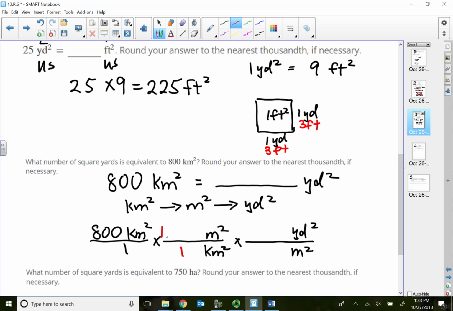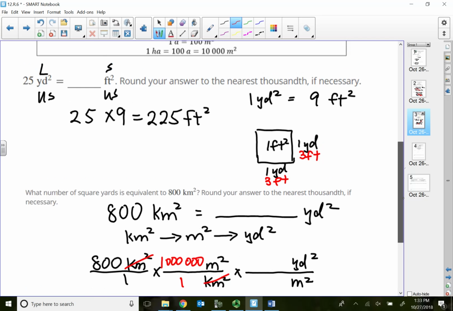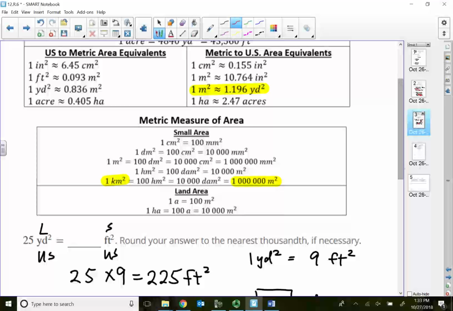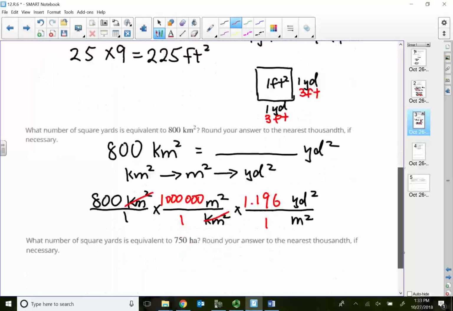So that's a 1 to 1,000,000 ratio, 6 zeros. Square kilometer cancels out. My conversion from square meter to square yard, metric area to US area, is 1 square meter is 1.196 square yards. Now the square meter cancels out.